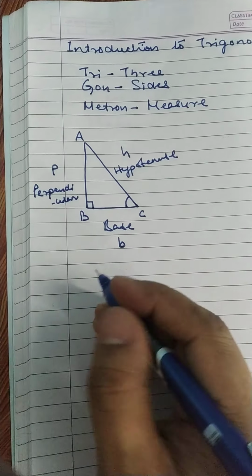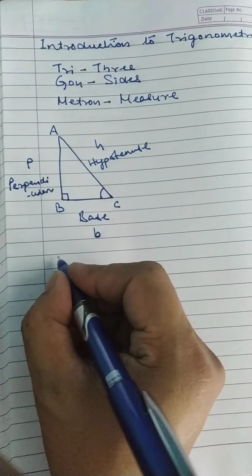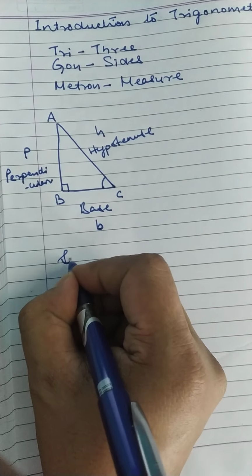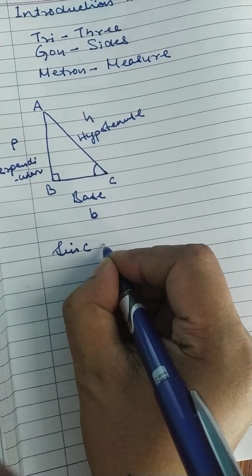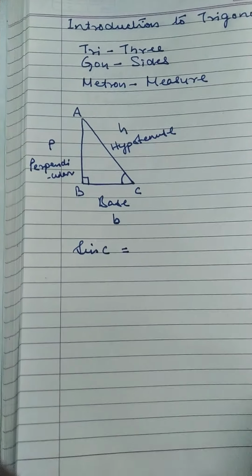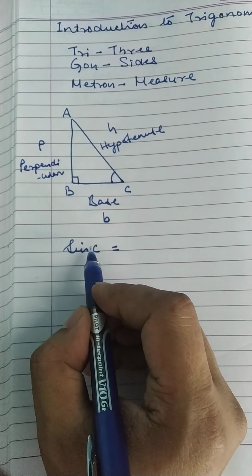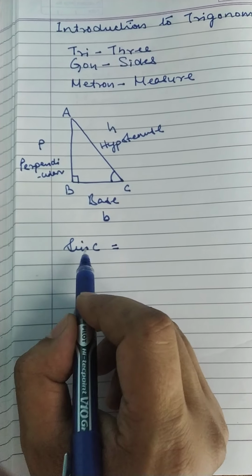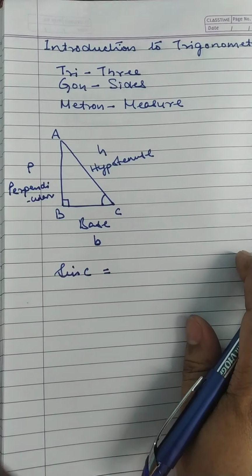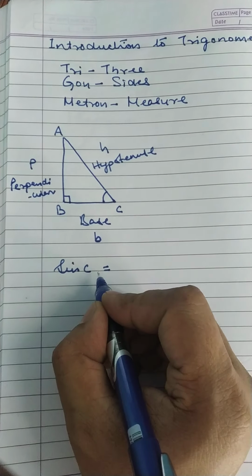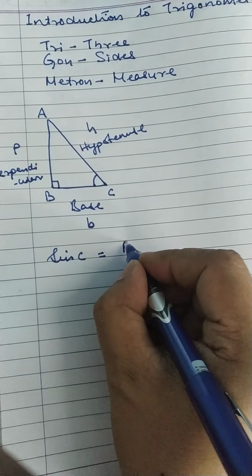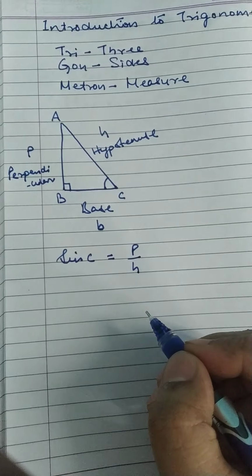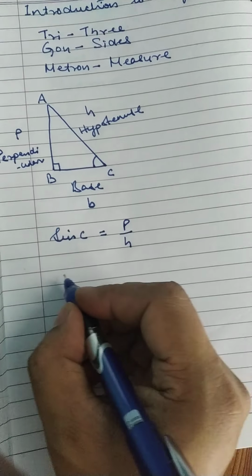First is sine C. Sine C means sine of the angle C. This is the abbreviation of sine of angle C. So sine of angle C is defined as perpendicular by hypotenuse.